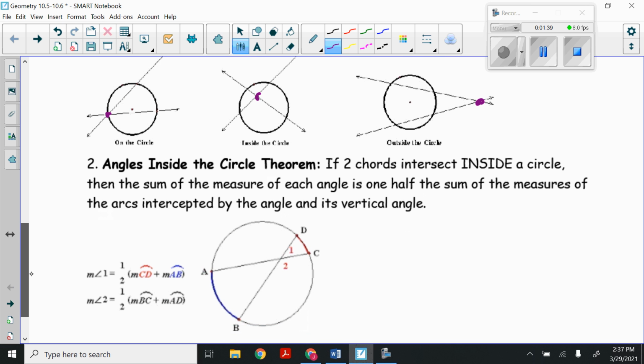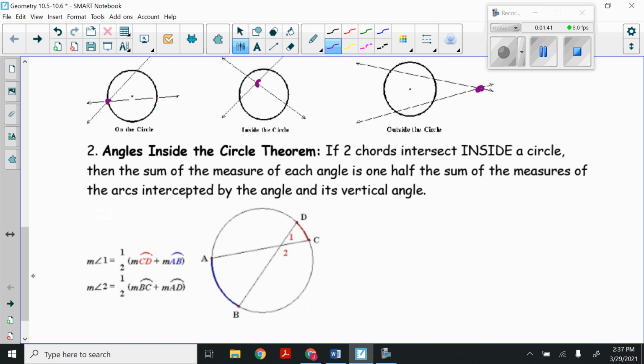So our angles inside the circle theorem. If two chords intersect inside a circle, the measure of each angle is half the sum of the measures of the arcs intercepted by the angle and its vertical angle. So here, if I'm looking for the measure of angle 1, that is going to equal half arc CD plus arc AB.